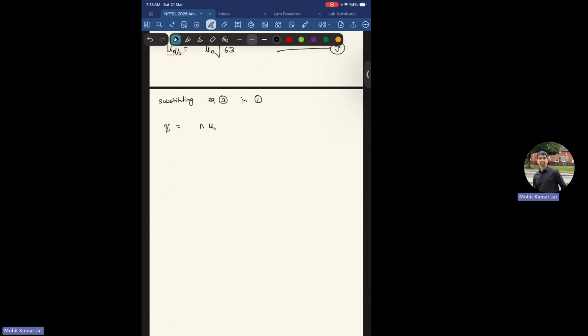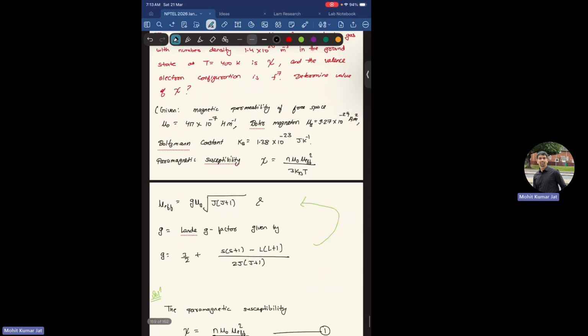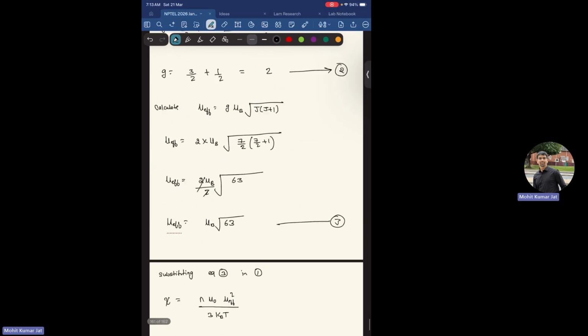N is nothing but, as given in the problem, 1.4 into 10 power 20 per meter cube.